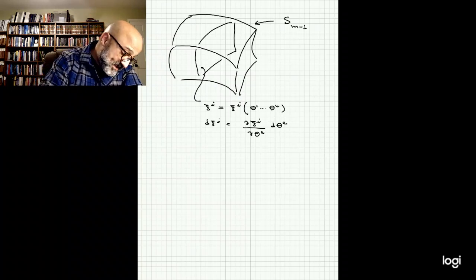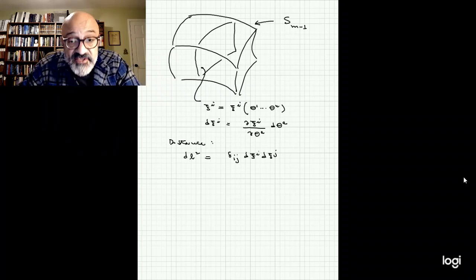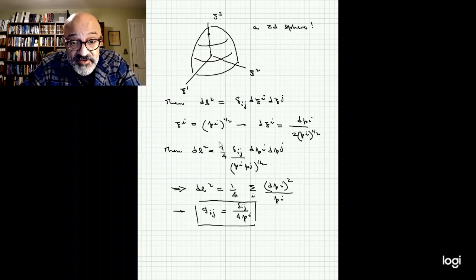And the metric, the distance, is going to be given by, well, we had an expression for this distance, the sum of the dxi dxj. So we had a formula, here it is, for what that distance was. It was the distance in the Euclidean space, right?